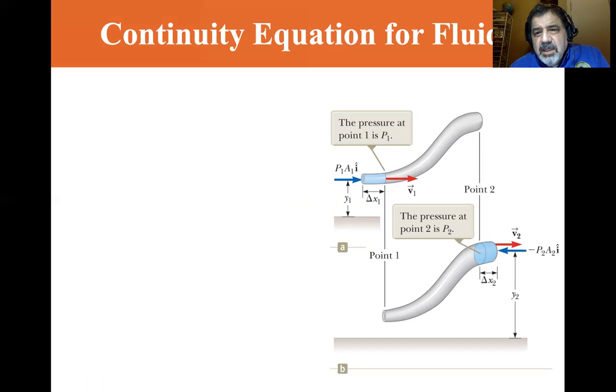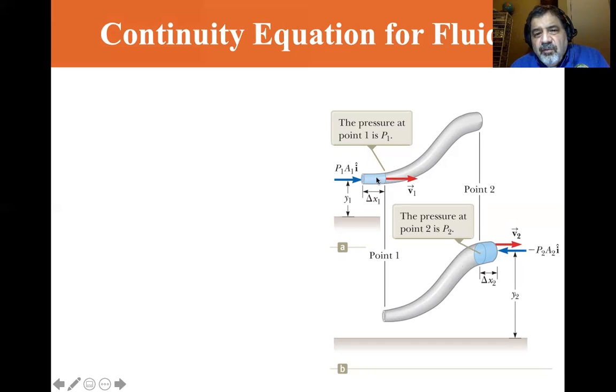We look at this pipe that has a fluid in it. The pressure at point one is P1, and there's an area A1, and there's a velocity to it, and you will get that velocity by this delta x1 times the time that it takes to get through there.